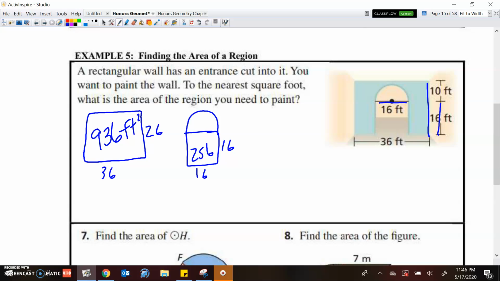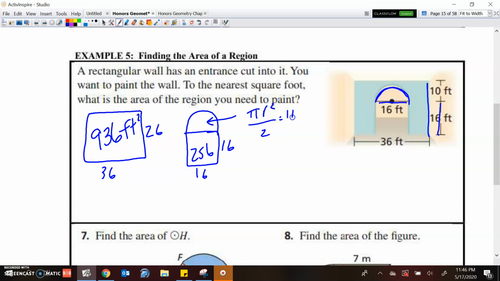All right, now let's find the area of the circle. It's only a semicircle, so if I calculate this, it's going to be pi r squared over 2.